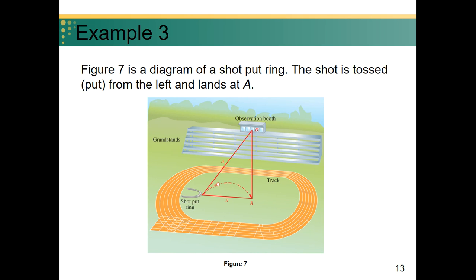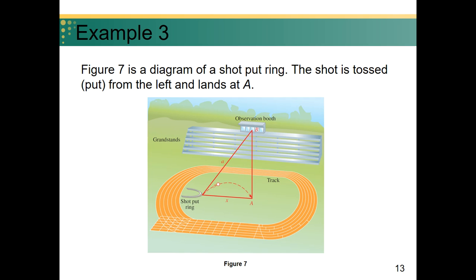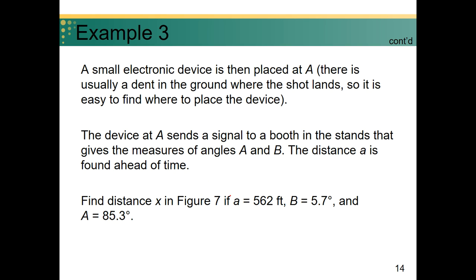It's a tilted triangle. We have a device placed at A where the little dent was in the ground, and it sent a signal to the booth. And the distance from the booth to here is known ahead of time, and so that is already set. It's 562 feet.